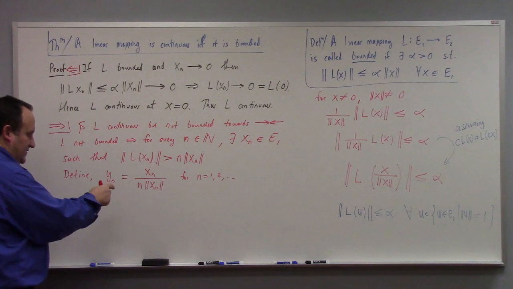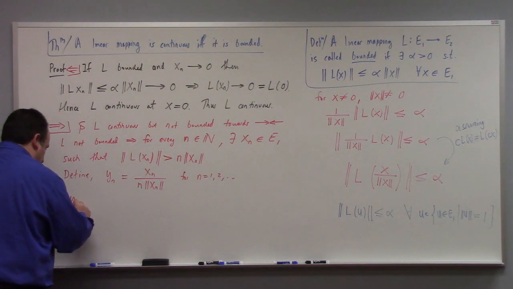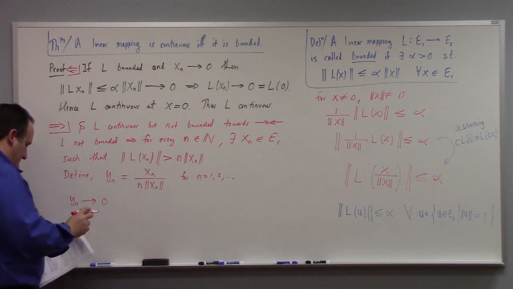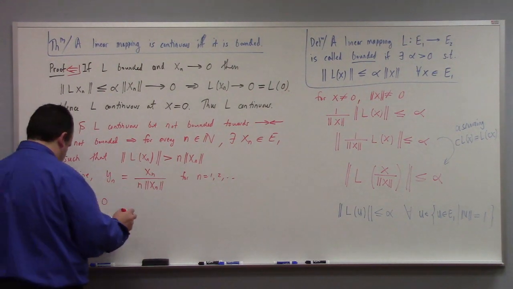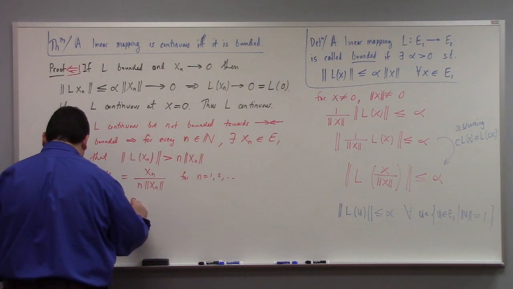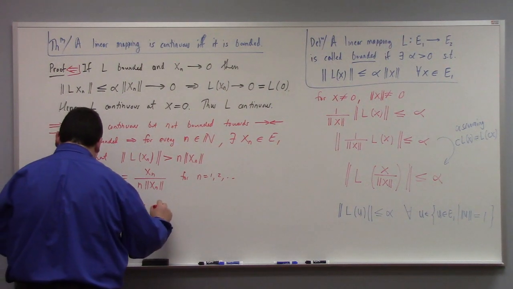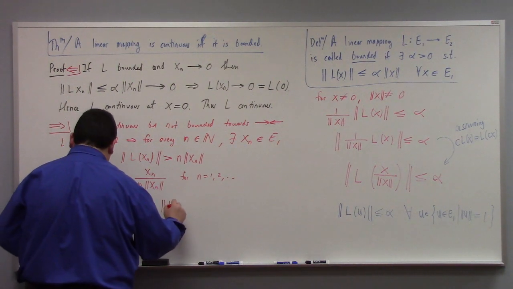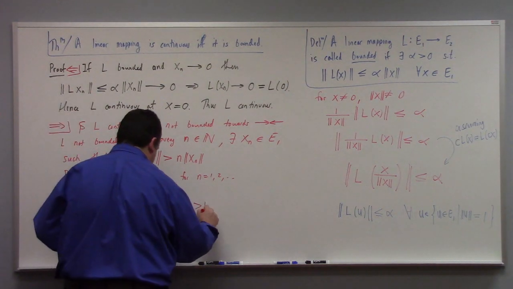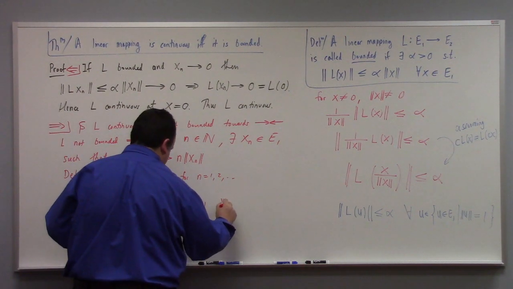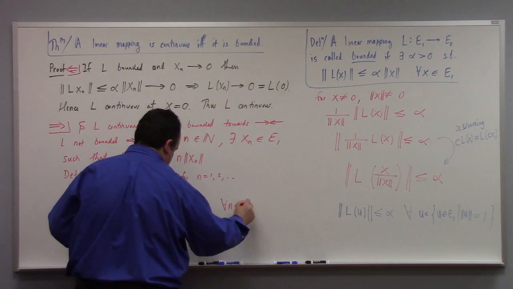And what does this give us? This gives us that y_n goes to 0, right? And then he says since the norm of L of y_n is greater than 1 for all n in the natural numbers.